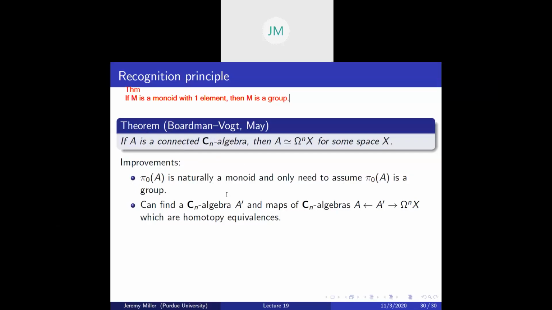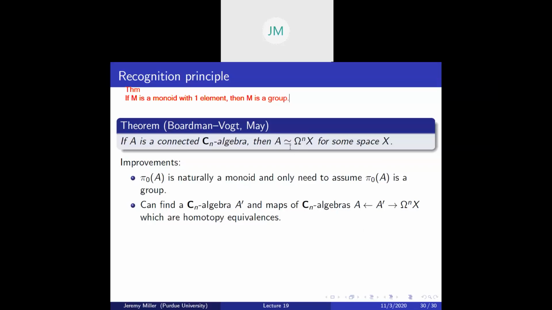And then the second improvement is you might want to say, hey, A is a CN algebra, and loops NX is a CN algebra, and you might want to know that they're equivalent as CN algebras.